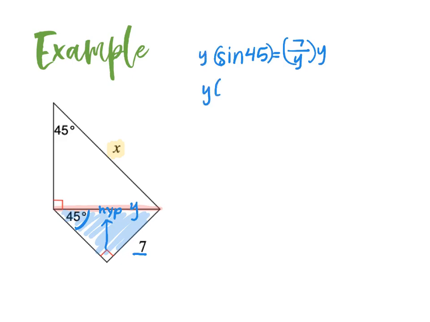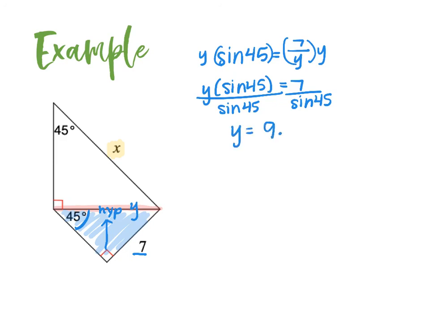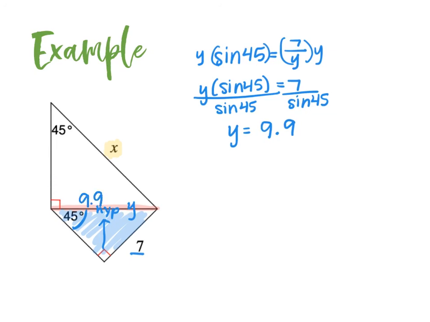So y times the sine of 45 equals 7. And then divide both sides by the sine of 45. And I'm left with 9.9 rounded to the nearest tenth. So then this side right here is 9.9.